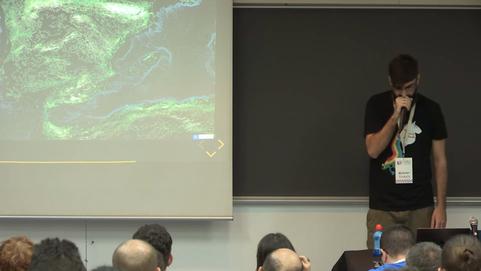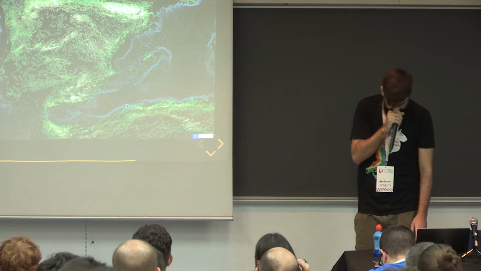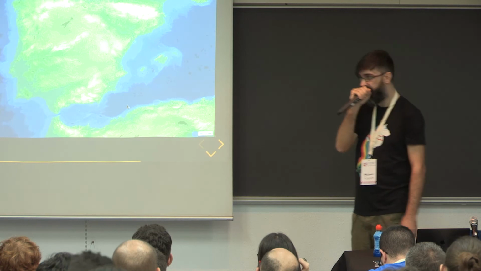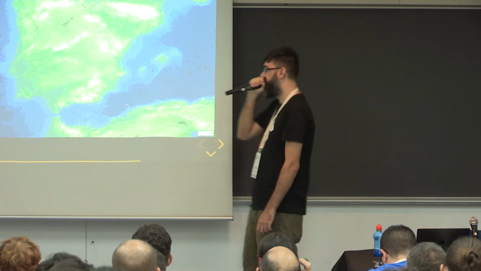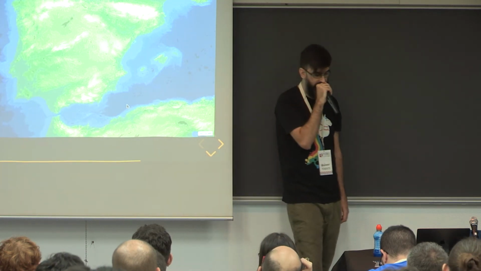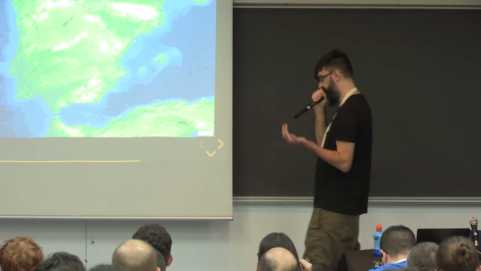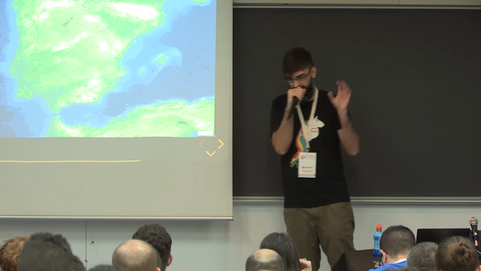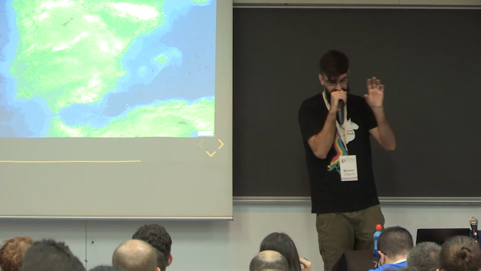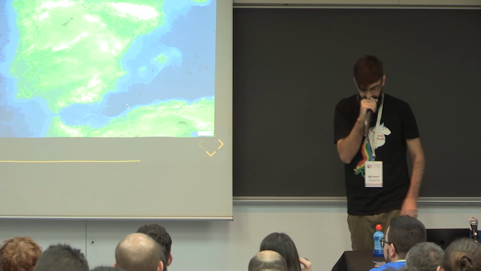So if we want to make a Tanaka map, we have to convert those lines into polygons. Again, this is something that you can do with Python, with GDAL, but it's not important. Important is the process you have to follow. You start with a raster file, you get the lines, you get the polygons.